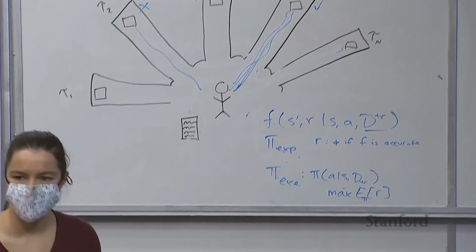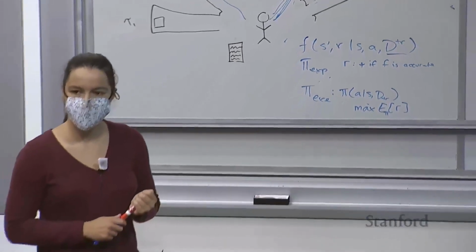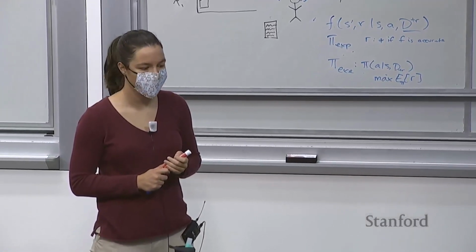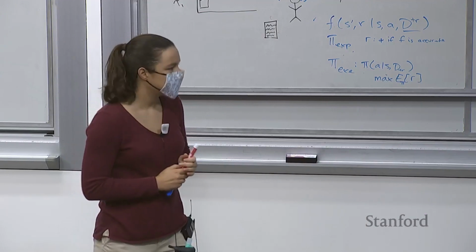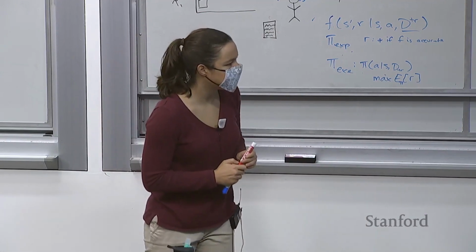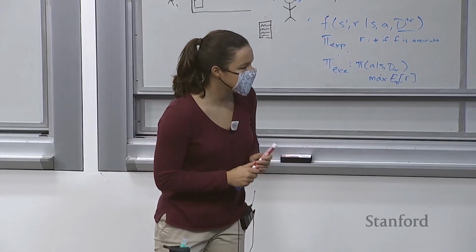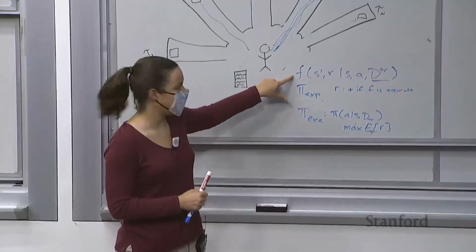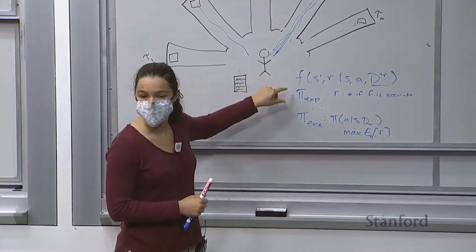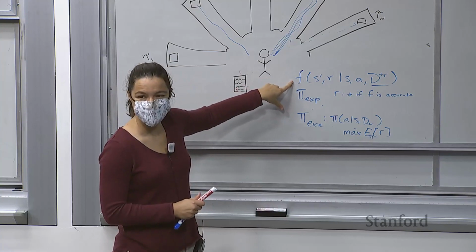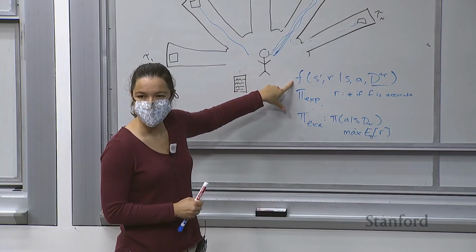Yeah? I can go through the intuition behind the reward. Yeah, great question. So the exploration reward is essentially set to be the negative error of this model. And the intuition is that if this model is accurate, that means that you've been able to distinguish information about the task.